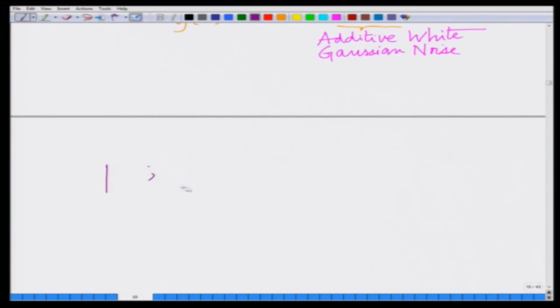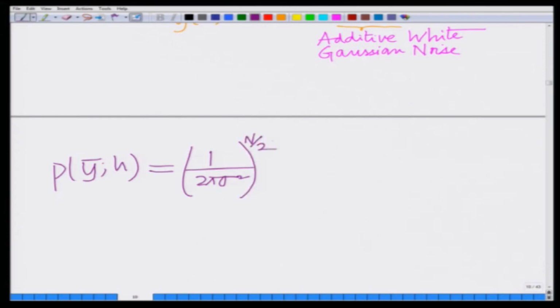Let me write it a little more clearly: the likelihood function p of y bar characterized by the parameter h is (1 over 2 pi sigma square) raised to the power of n by 2, times e raised to minus 1 over 2 sigma square, summation k equals 1 to n, yk minus h whole square.